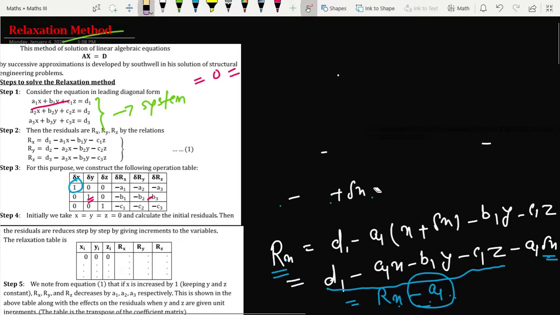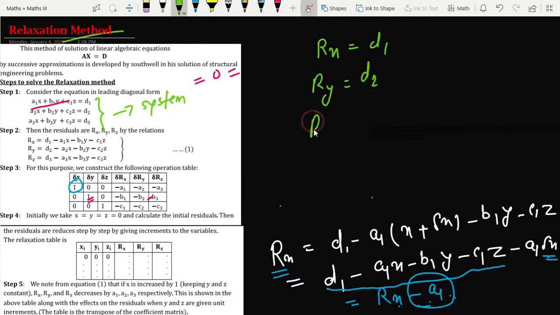How do we find the initial residuals? We just put x equal to 0, y equal to 0 and z equal to 0 in Rx, Ry and Rz. Then the value of Rx is given by d1, Ry by d2 and Rz by d3. So this is called the initial residuals.